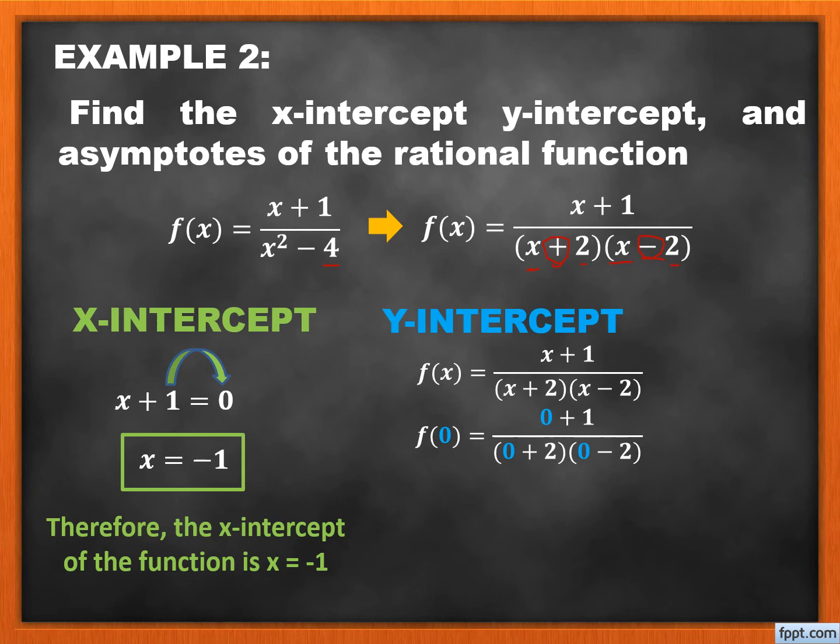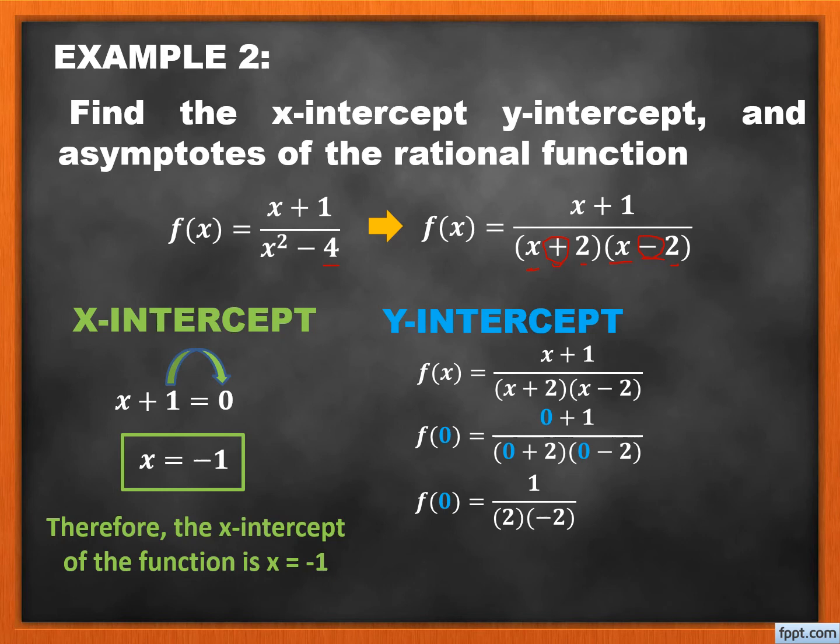So we have f of 0 equals 0 plus 1 divided by 0 plus 2 times 0 minus 2. Performing the operations, we have 0 plus 1 is 1, 0 plus 2, we have 2, and 0 minus 2, we have negative 2. So we have 1 divided by 2 times negative 2.